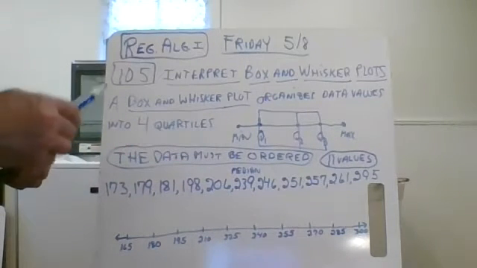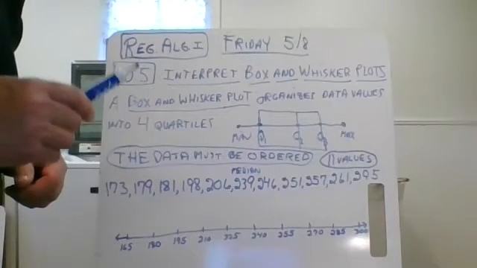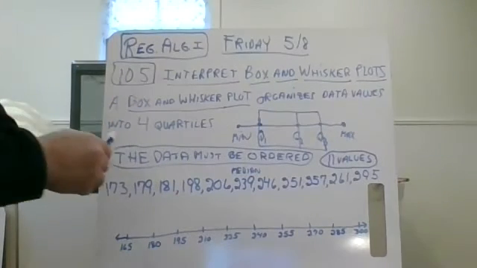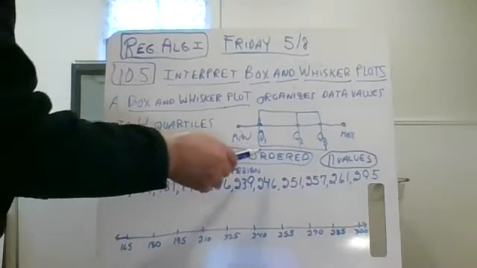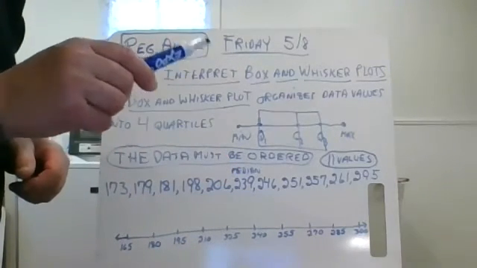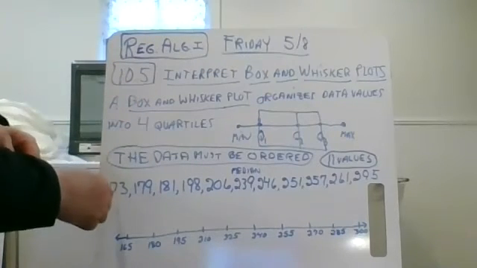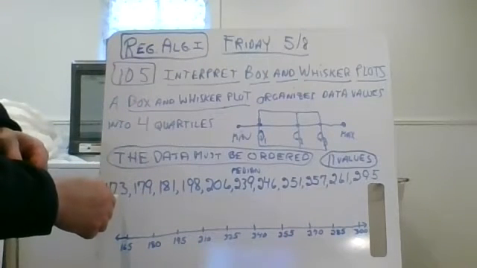Now, in order to construct a box and whisker plot, your data has to be ordered. So if it's not ordered, you have to order it from least to greatest. So here's some data.